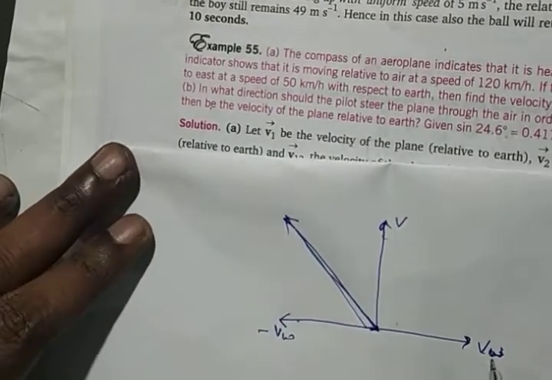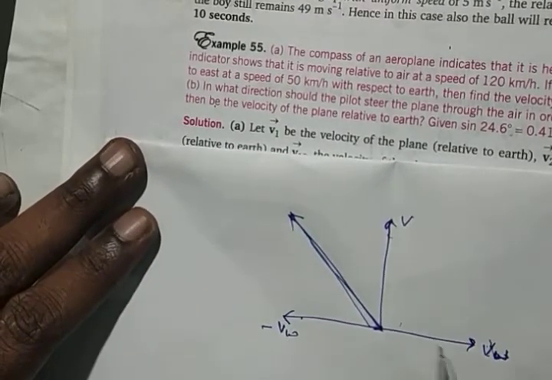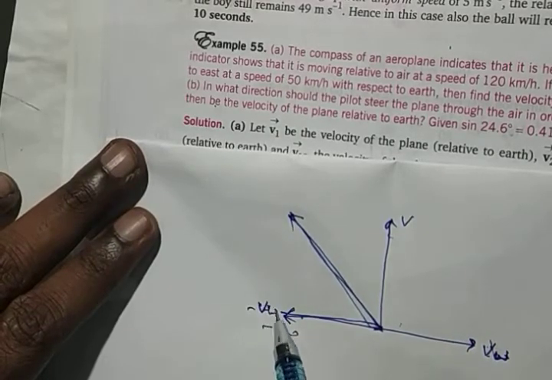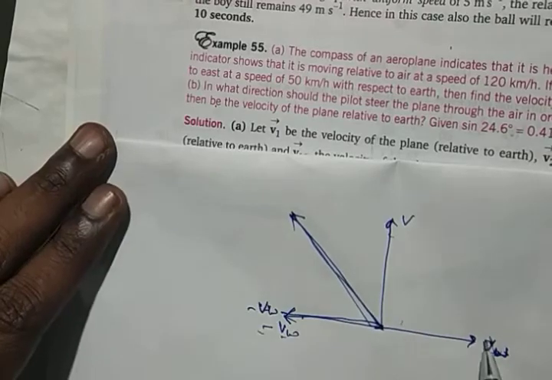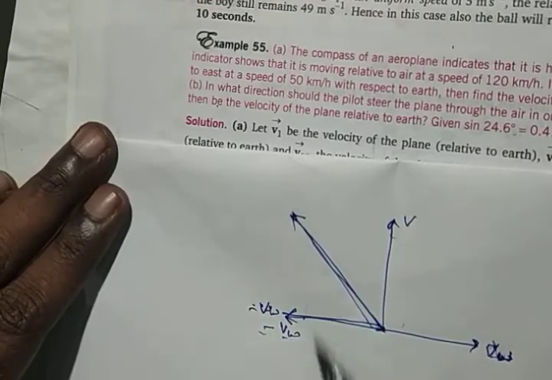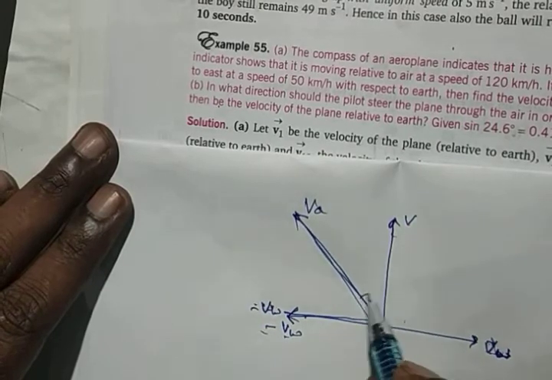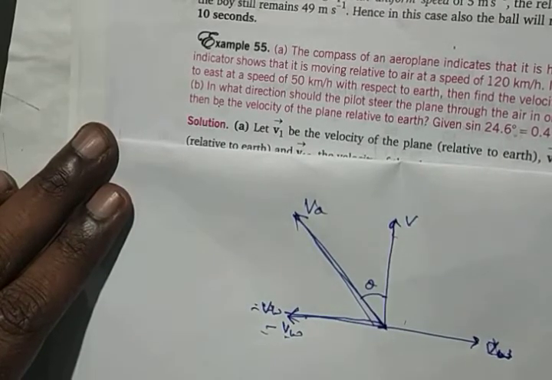So this has been put twice. So here it gets cancelled out. It needs to be put one more time here as minus VW. So that one time it gets cancelled, and this one you will get the final value as VA here.